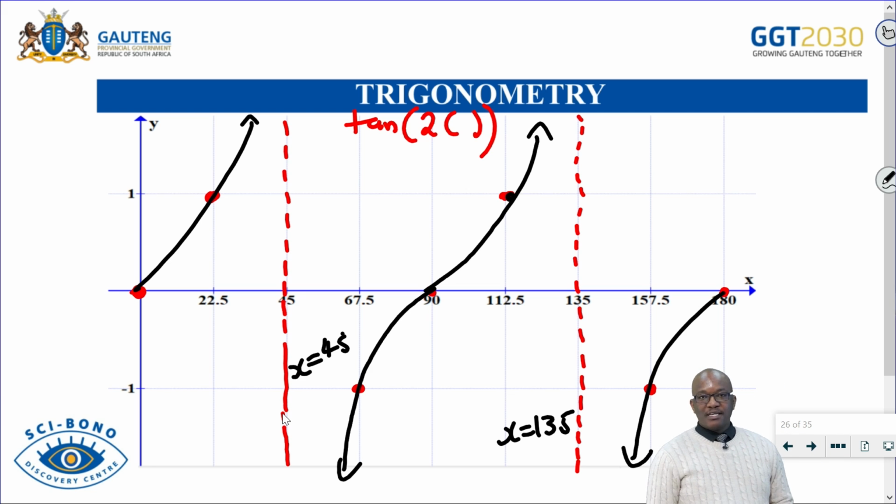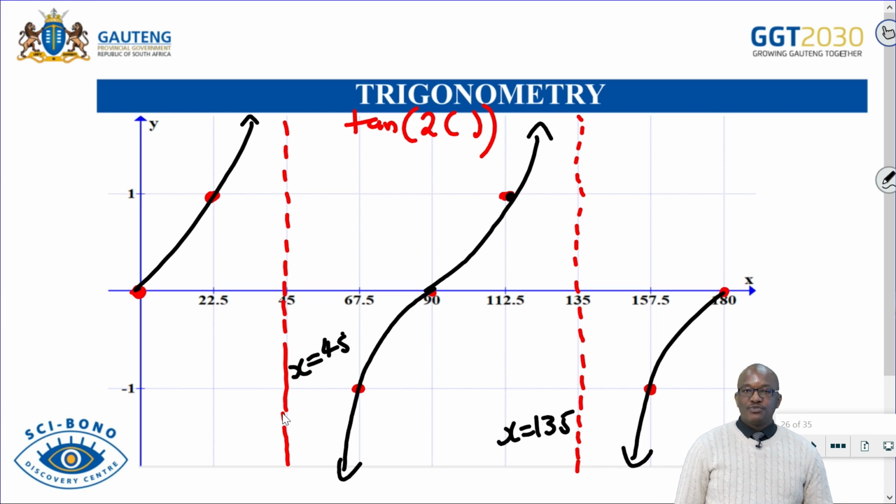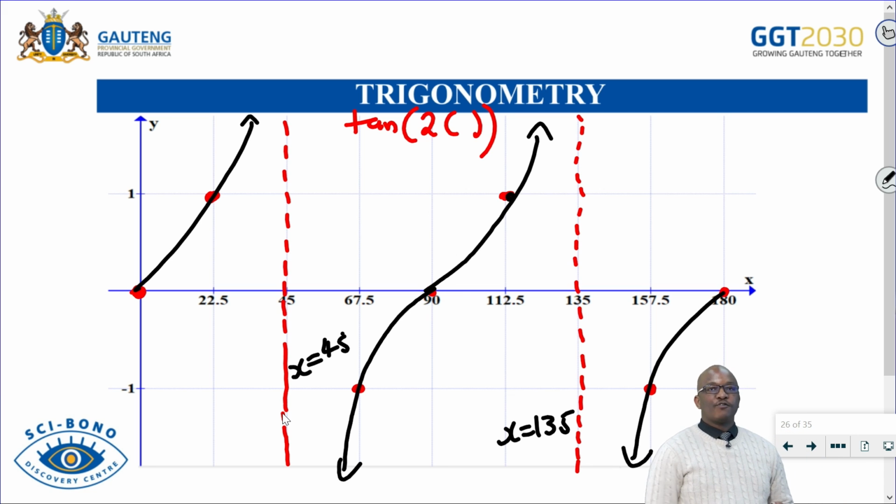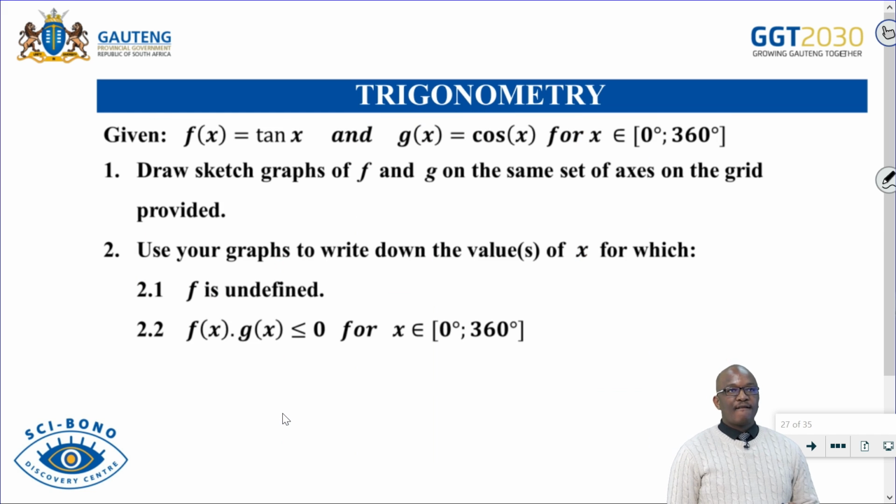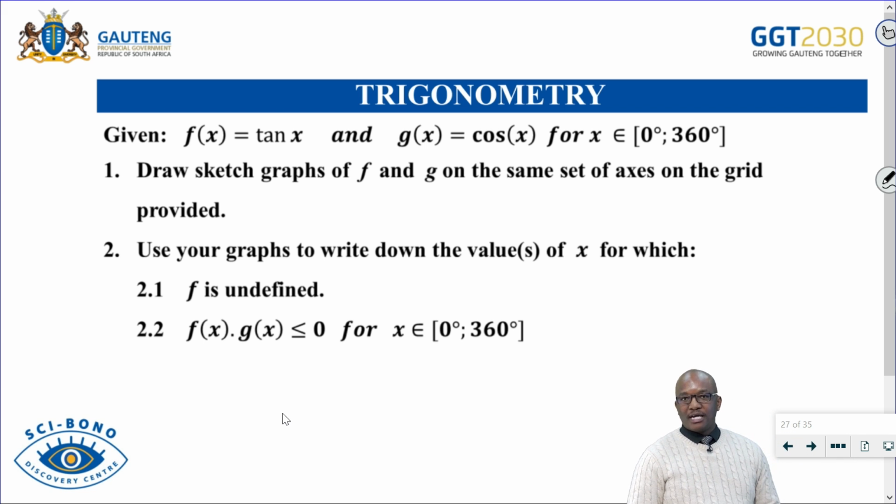Okay, that was the effect of K on the graph of sine, the graph of cos, and the graph of tan. Now, let's look at the exam type of questions. How can they ask this type of questions? Remember, previously we were only drawing one graph on a set of x's.